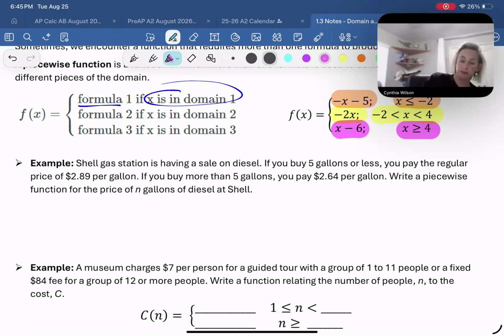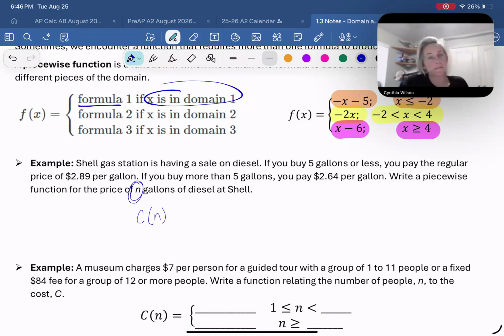So let's see if I can figure this out. It says write a piecewise function for n gallons of diesel. I'm going to say C, cost, so C depending on the number of gallons.